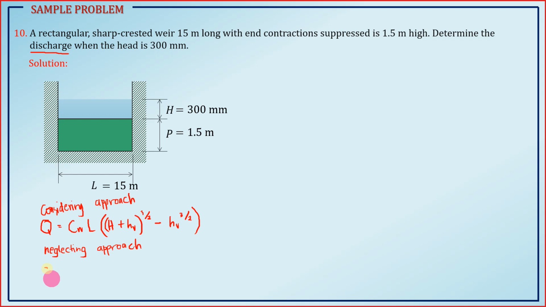So, neglecting approach, that is only Q is equal to CWL H raised to 3 halves. Yan yung value natin ng Q. Now, for CW, di natin alam kung ano yung gagamitin. So, binanggit ba na considering or neglecting approach? Pag hindi binanggit, neglecting na agad yan.